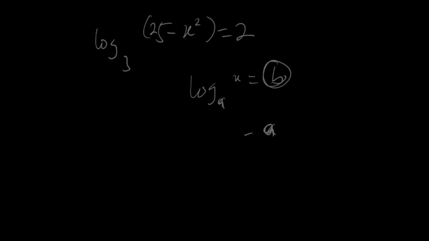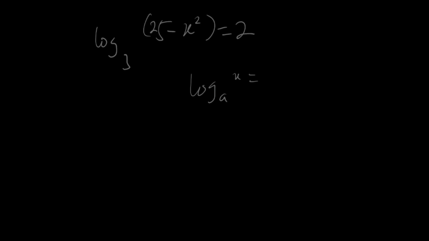You can actually prove it. It's very simple. You have log to the base a of x equals b. We can write this b as a logarithm in the same base a. So b can be equal to log to the base a of a.